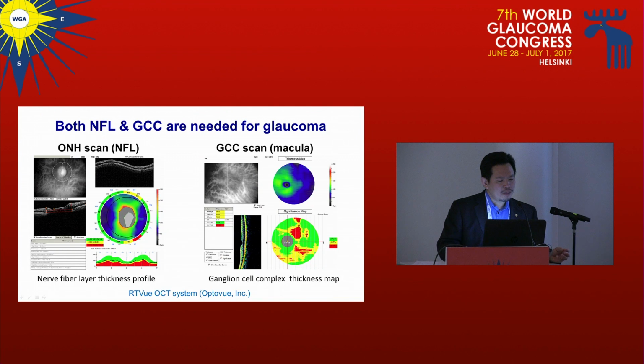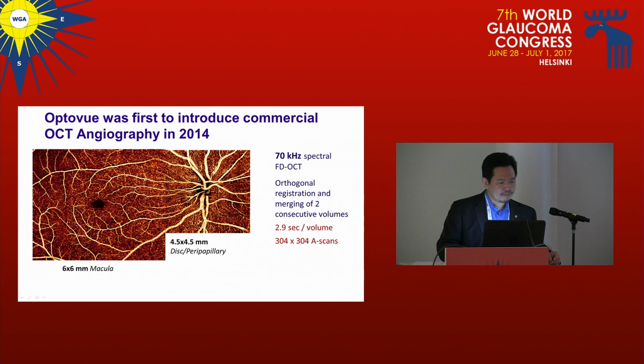And glaucoma preferentially attacks those layers. By imaging the GCC, you can measure the effect of glaucoma in the macula, and together with the parapapillary nerve fiber layer and the optic disc itself, this gives you a comprehensive picture of structural changes in glaucoma.